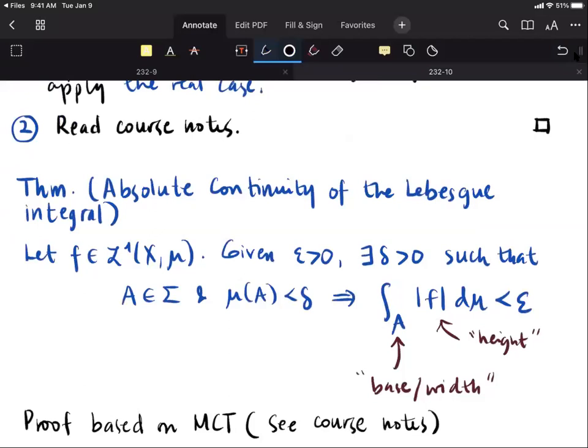So we can make the integral sufficiently small as long as the set where the integration is taken is also small. And that's it for Lebesgue integrable functions. In the next lecture, we will discuss almost everywhere properties and the convergence theorems.